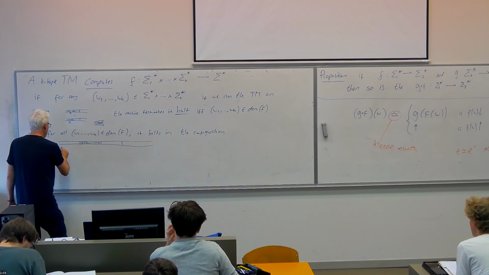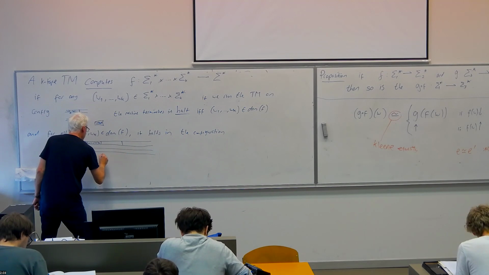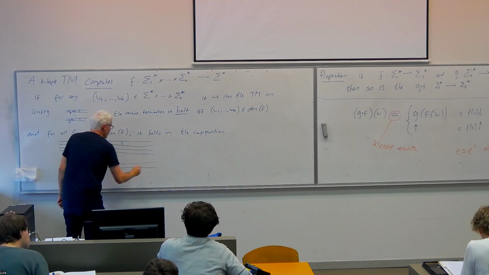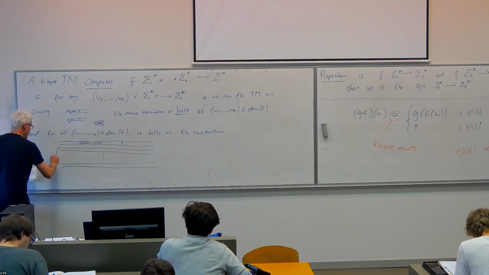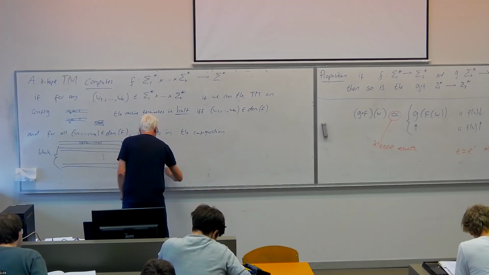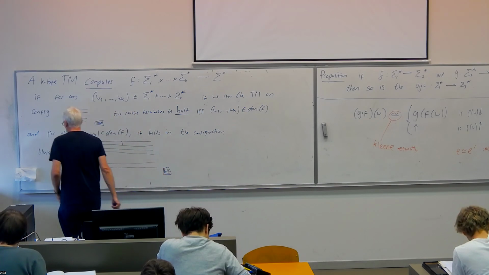For the other k minus 1 tapes, you could say it doesn't matter what's on them, but I like to tidy things up, so I'm going to require these to be blank. And we end up in the halt state.